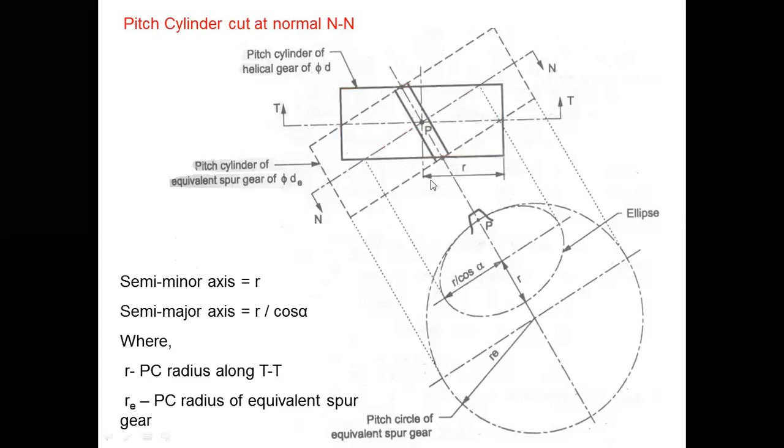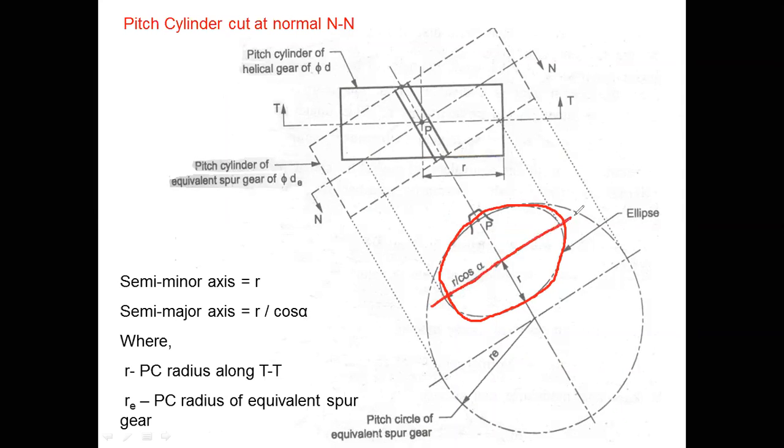If we cut this helical gear along a normal plane, then it will look like an ellipse.